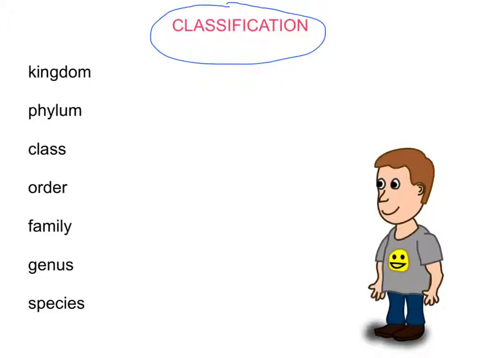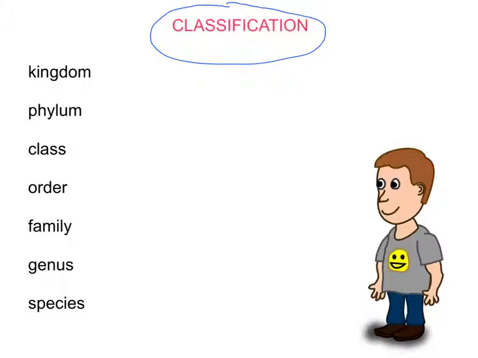Now, usually you could classify things very simply just in terms of hair colour, eye colour, height, width, length. But what I'm going to really focus on in this video is how you classify organisms to essentially show their evolutionary origins, or their ancestry, if you like.